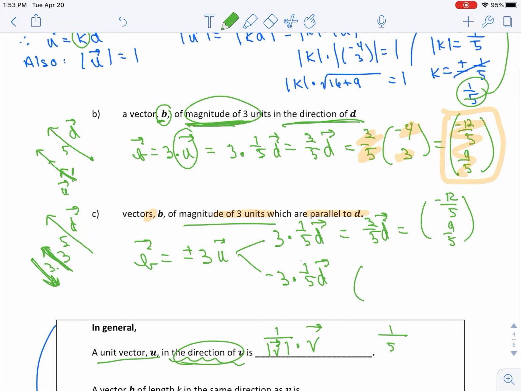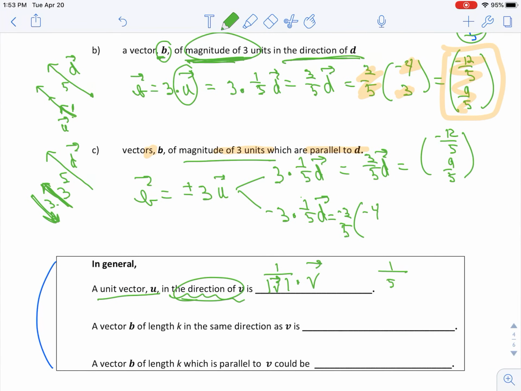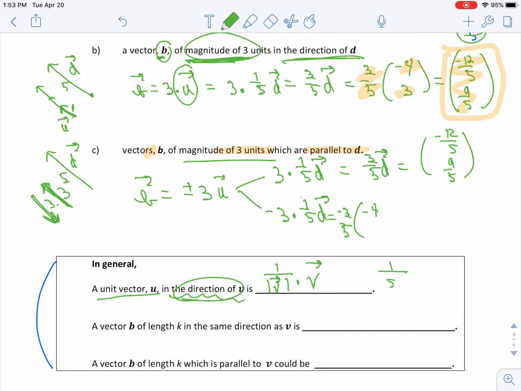Or it could be negative 3/5 D, where D is, again, negative 4, 3. And so this time we're going to end up with positive 12/5, negative 9/5. So it could be either of those two solutions.